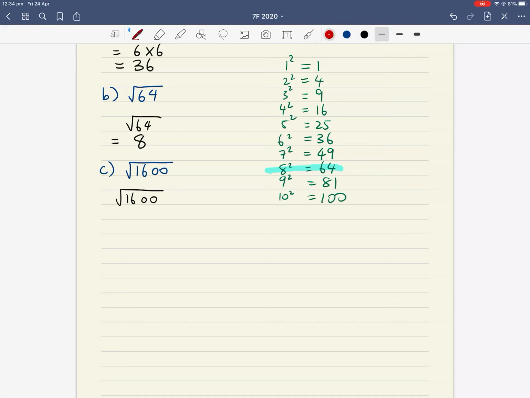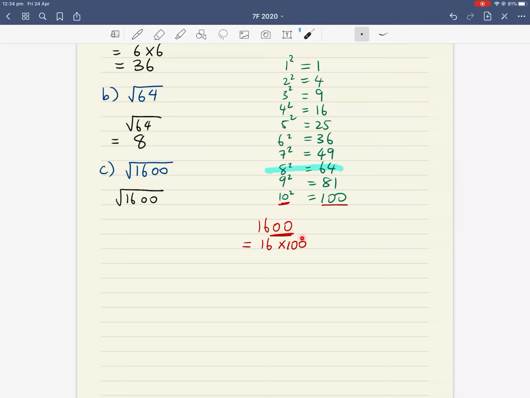So the trick here is, well, think of 1,600. Now you look at the end, there's 2 zeros, and you go, well, I know 10 squared is 100. Can I break this number down into something times 100? Well, 16 hundreds is 16 times 100, right?